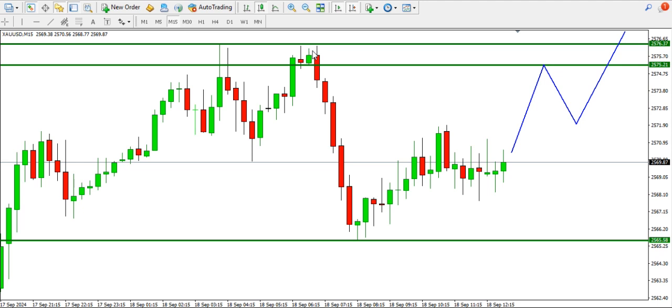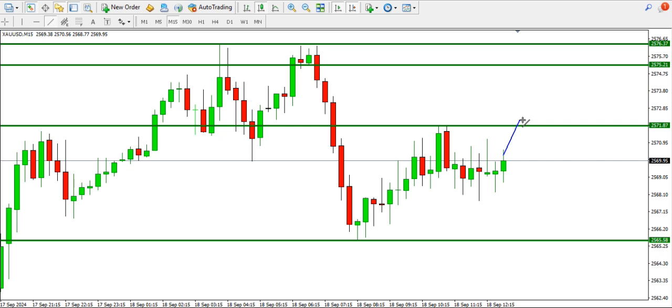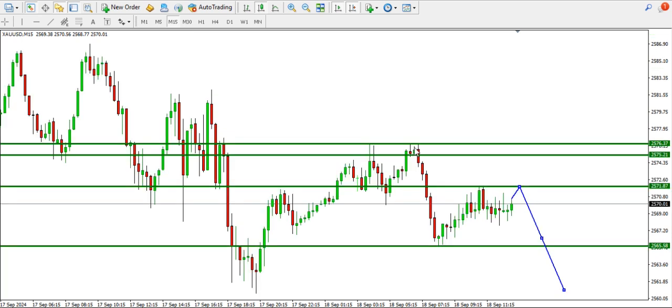But if that does not happen, on the contrary, we might get price get to this particular resistance area for price to drop back to the bottom, and a break of this particular lower range, we might see price drop towards the 2560 level, and that might give us left shoulder, head, right shoulder, and a possible drop for us to have a kind of double bottom.